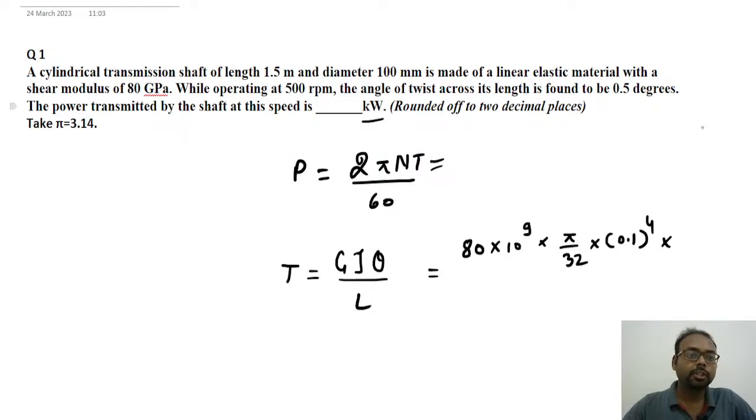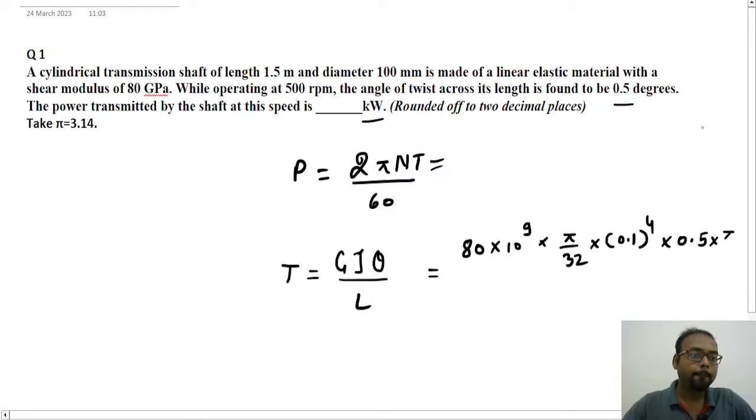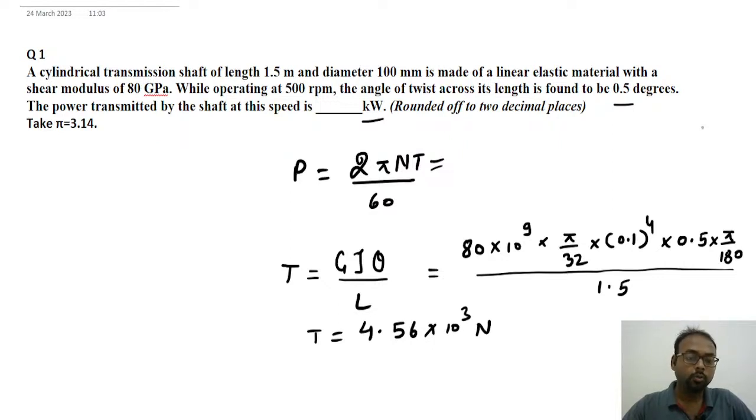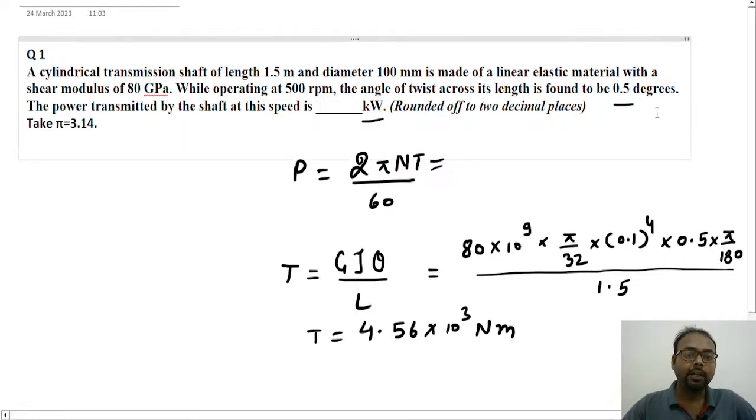We have to convert this theta, which is given in degrees, into radians. To do that, we multiply 0.5 into pi by 180. Now we divide this value by L, that is 1.5 meter. When we solve this, the T value comes out to be 4.56 into 10 to power 3 Newton meter. This is the T value that we have found.